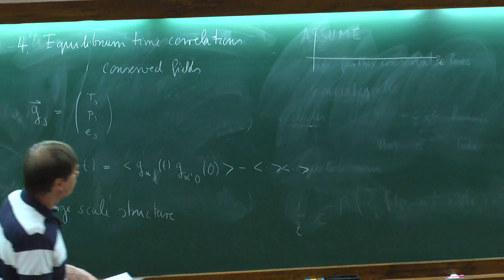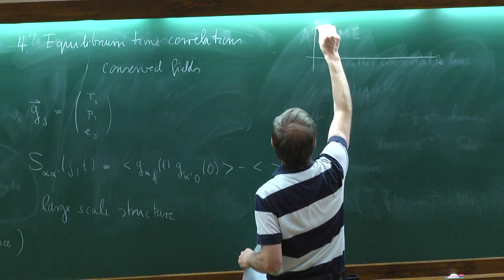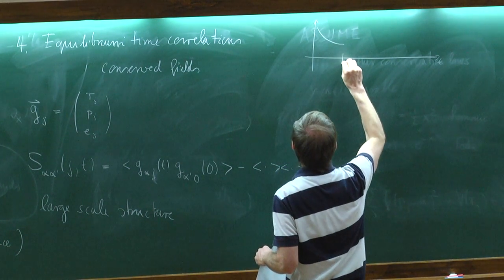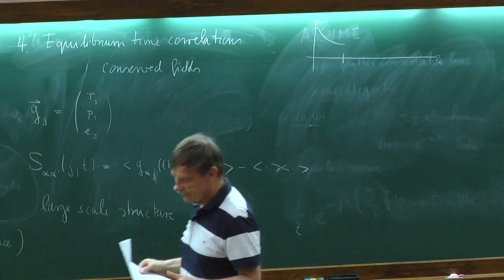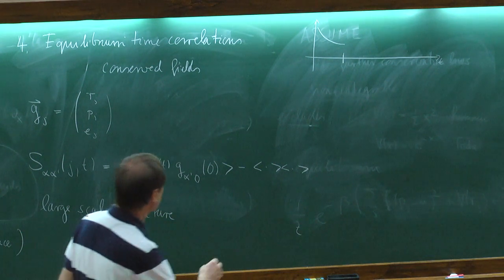And then the picture is the following. Here I'm plotting some sort of correlation function. It will have some behavior. But the claim is that within a relatively short time, the only thing which is left from this perturbation is its projection onto the hydrodynamic fields. Okay? So here I have already the hydrodynamic fields.